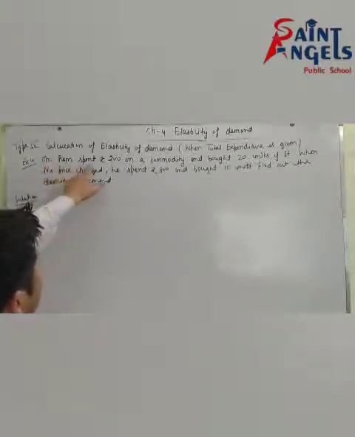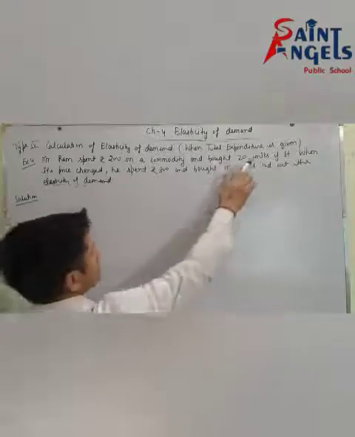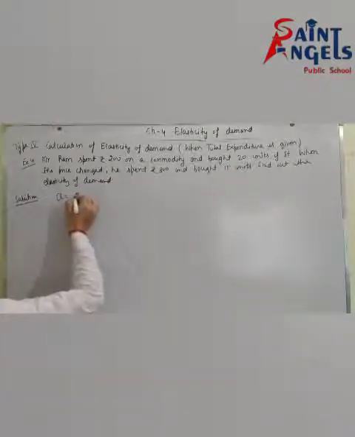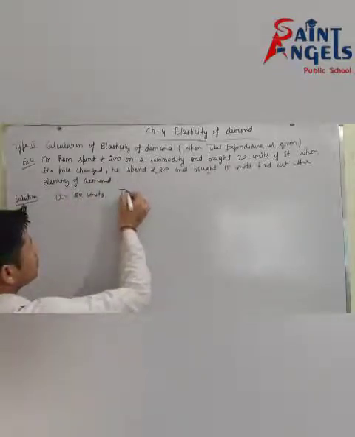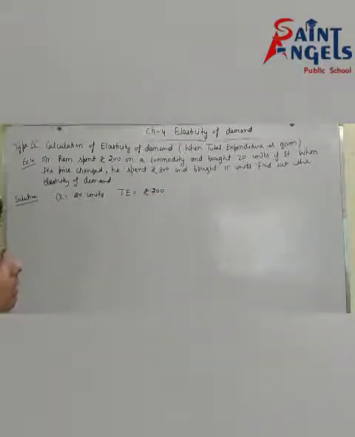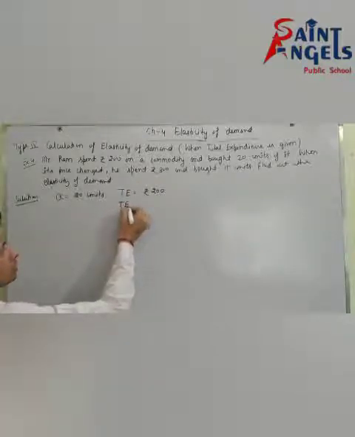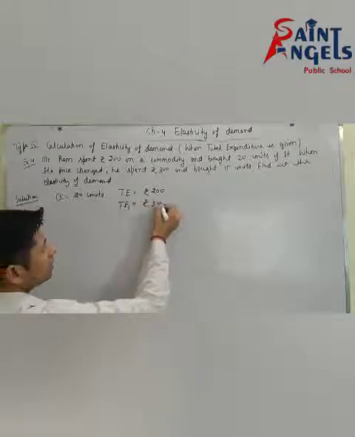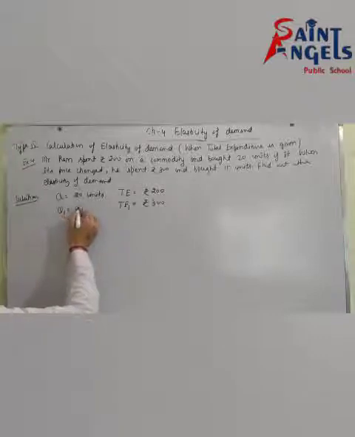Mr. Ram spent rupee 200 on a commodity and bought 20 units of it. 20 units is the initial quantity, so Q is equal to 20 units, and initial expenditure is rupee 200. When its price changed, he spent rupee 300, which is the new total expenditure, and bought 15 units, which is the new Q1.